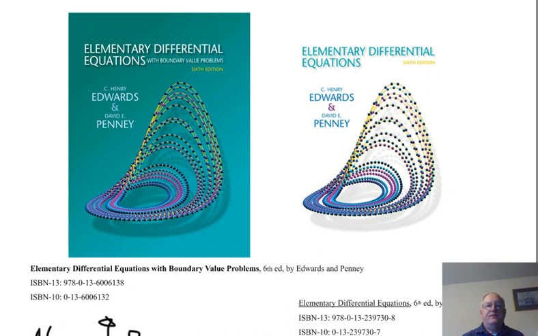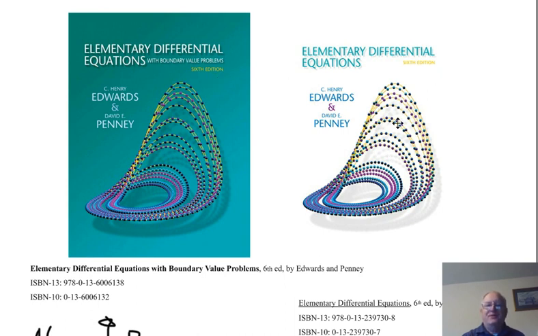The author has come up with a new edition of his book, Elementary Differential Equations with Laplace Transforms, which is this green book. But the old edition, notice they're both 6th edition books.